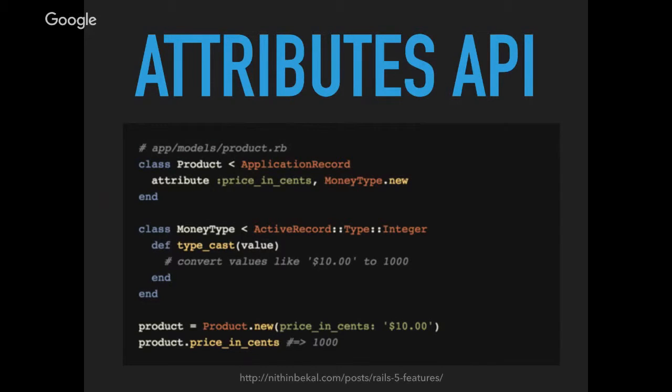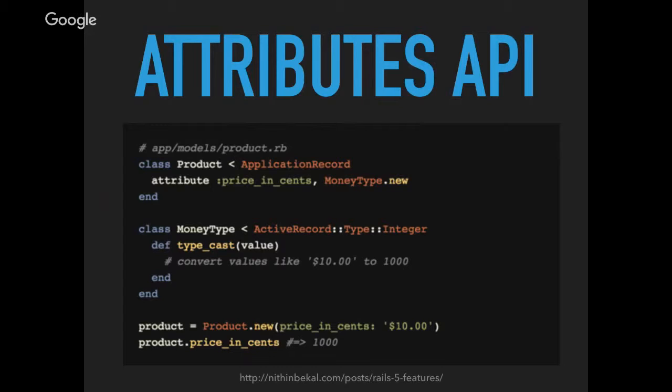And then there's something called the Attributes API. My understanding is if you have a table in the database that's different than some data in a model field, and you want to transform it over to a different format, this Attributes API really helps with that.